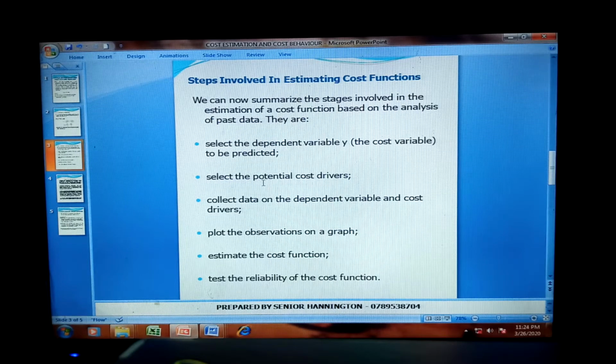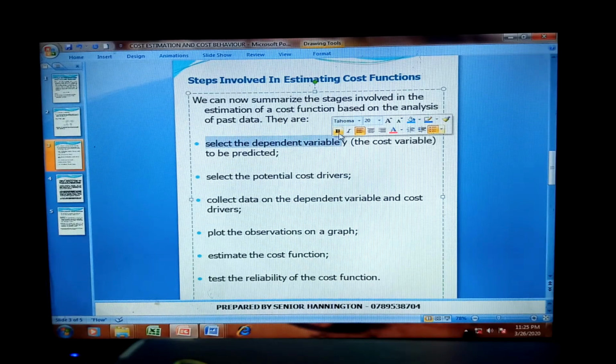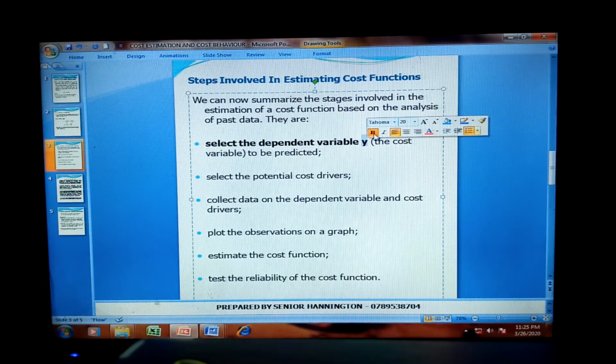Then from there, of course, we have steps that are always involved in estimating cost functions. We basically have 6 major steps, and the first step always is to select the dependent variable y, that is the cost variable always, which we need to predict.